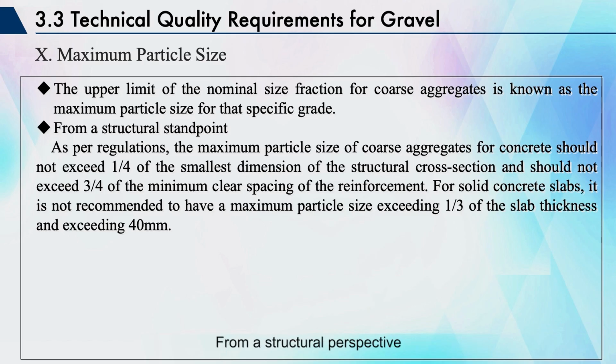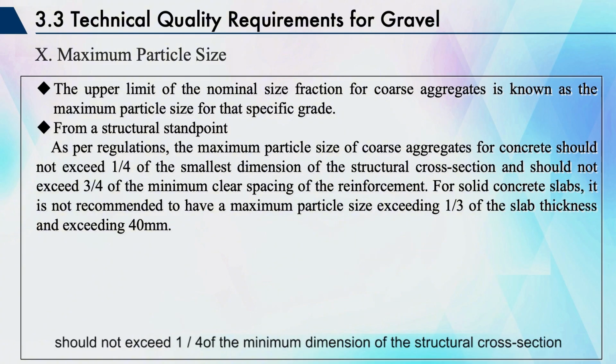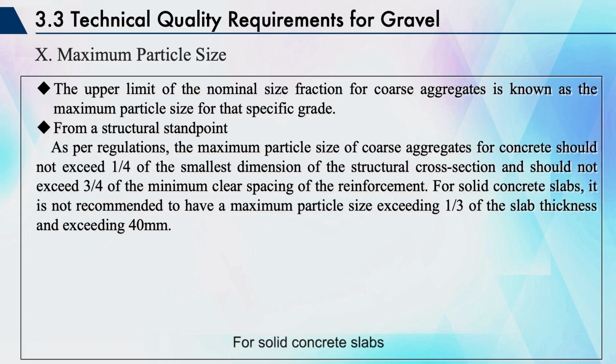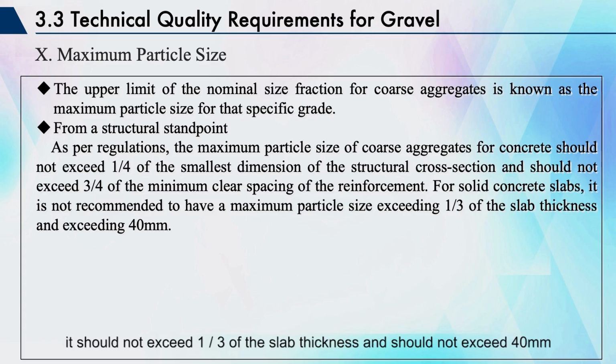From a structural perspective, according to regulations, the maximum particle size of coarse aggregate for concrete should not exceed 1/4 of the minimum dimension of the structural cross section and should not exceed 3/4 of the minimum clear spacing between reinforcement. For solid concrete slabs, it should not exceed 1/3 of the slab thickness and should not exceed 40 mm.